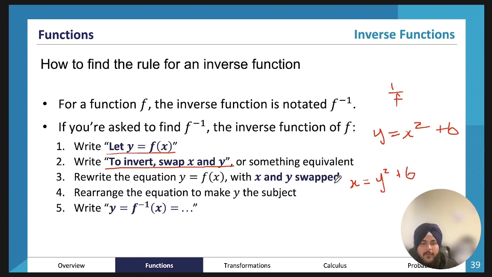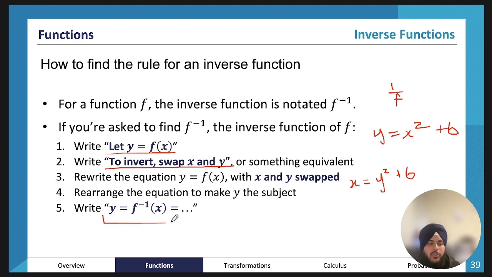That is what my function looks like when I swap it, but I will obviously need to rearrange to make y the subject. That's the fourth and last step: rearrange the equation to make y the subject. It should be pretty straightforward. Most questions will allow you to use your CAS, but if they don't, it can easily be done by hand as well.